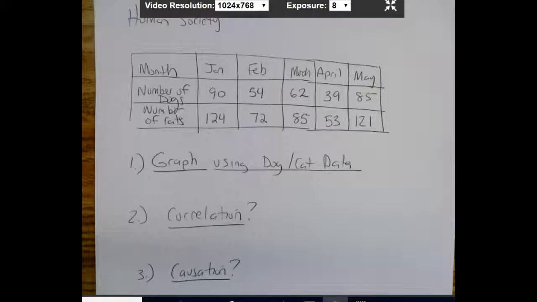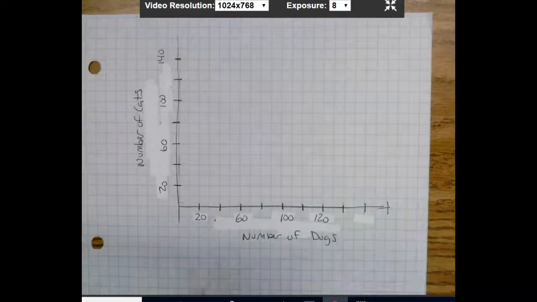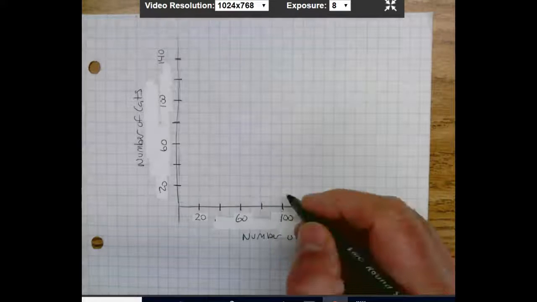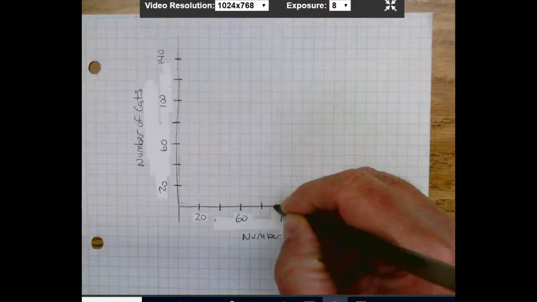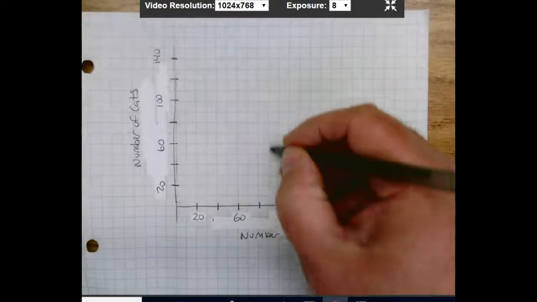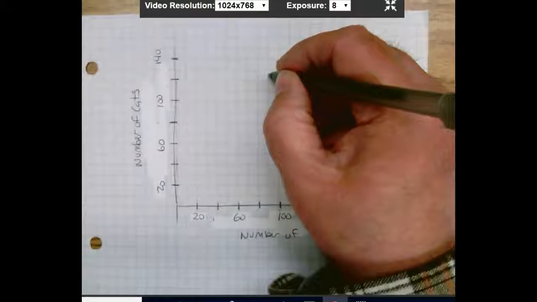So let's first graph. Here's the graph I made. I have number of dogs on the bottom and number of cats on the side. I use kind of the same scale, going up by 20. And we just need to take our data. So in January we had 90 dogs and about 124 cats, so about here.